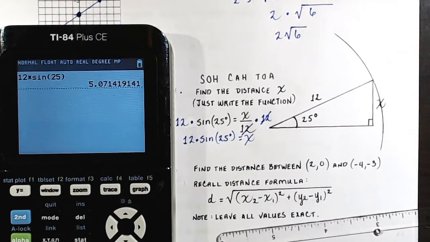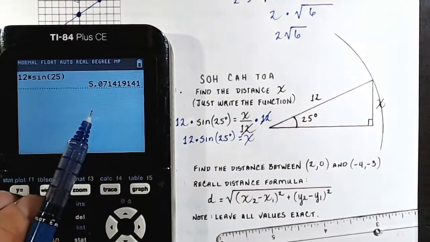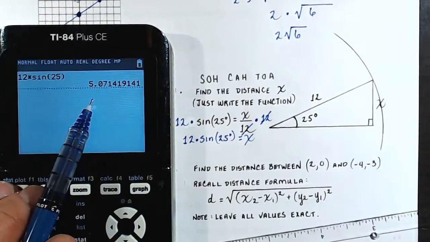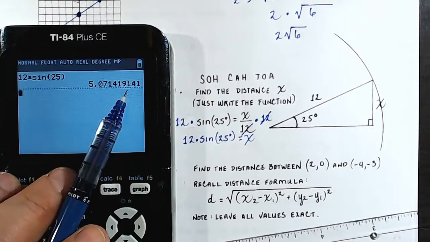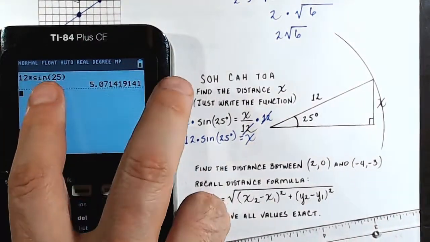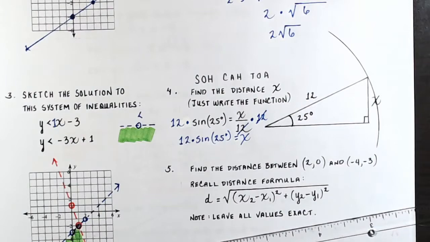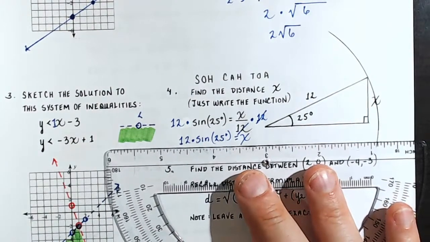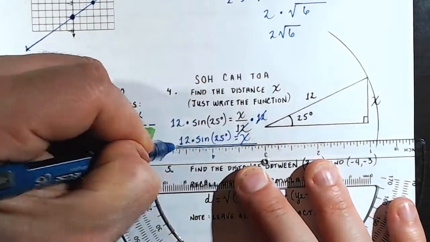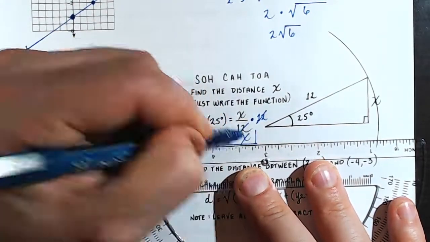And it tells us here that the height x would be 5.071419141. But we don't need to do that. We just wanted to find out what this is right here. This would be the answer that I was looking for, where you just set it up.